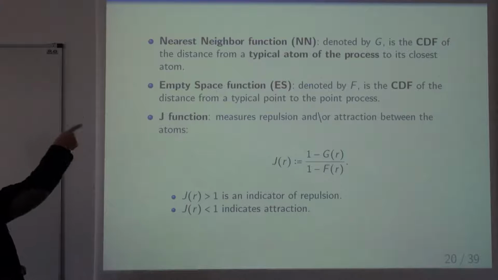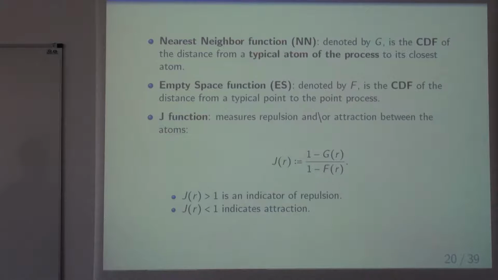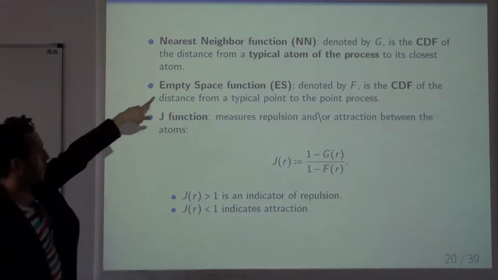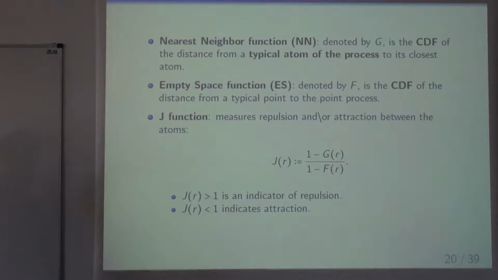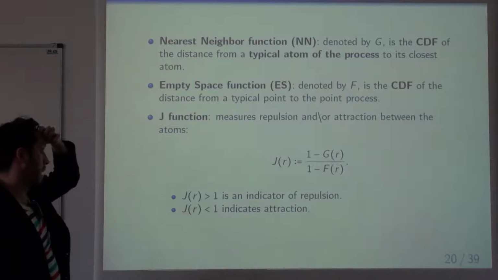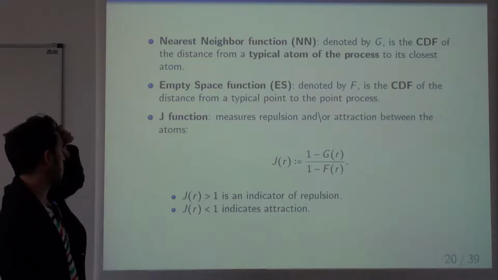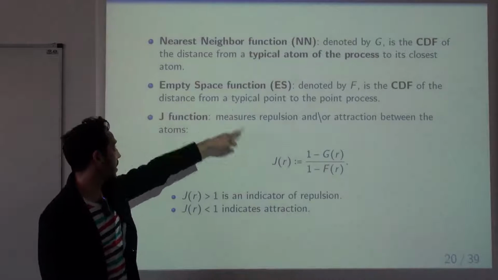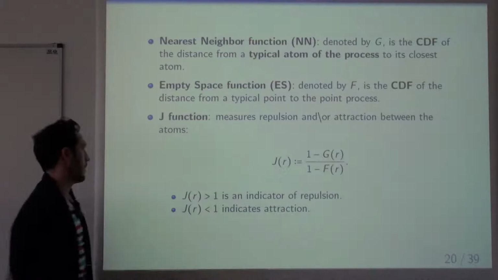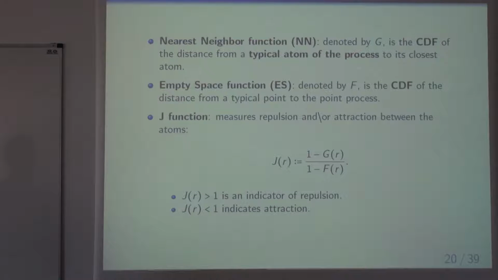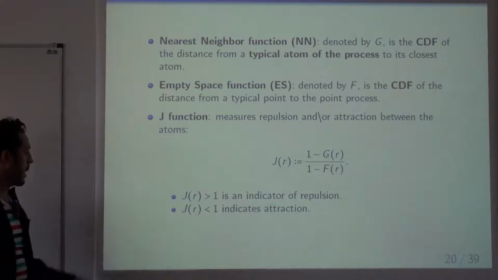The nearest neighbor function, denoted by capital G, is the distribution function of the distance from a typical point of the process to its closest atom. The empty space function, denoted by capital F, is the distribution function of the distance from a typical point of the space to the process. And the J function, given by this expression, is a function measuring repulsion and/or attraction between atoms.